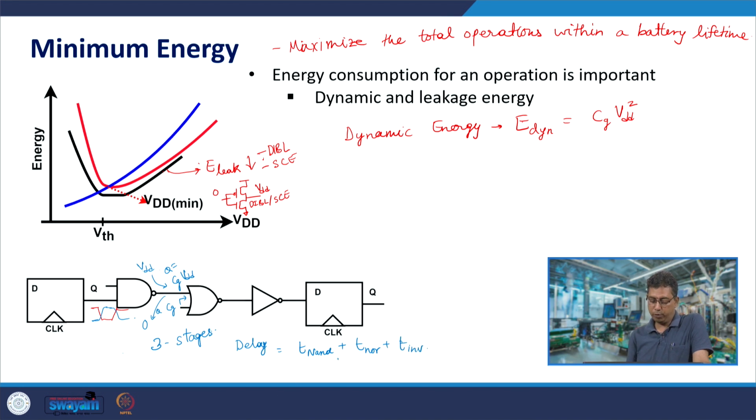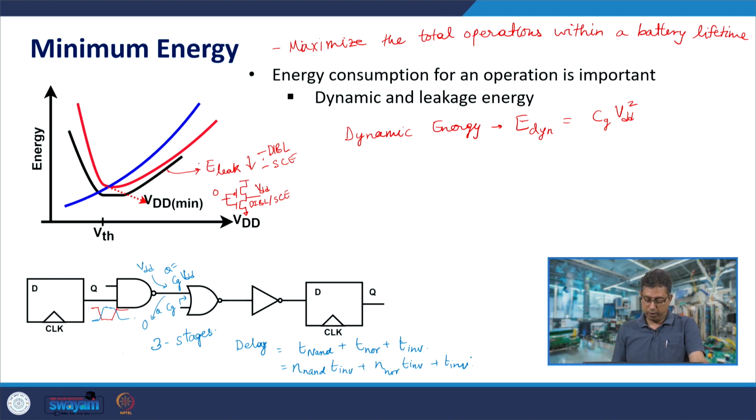Now, we would like to express everything in terms of inverter delays. So, we will express this as some n NAND times T inverter, plus some factor n NOR times T inverter, plus T inverter. So, this is now the delay in terms of inverter delay.